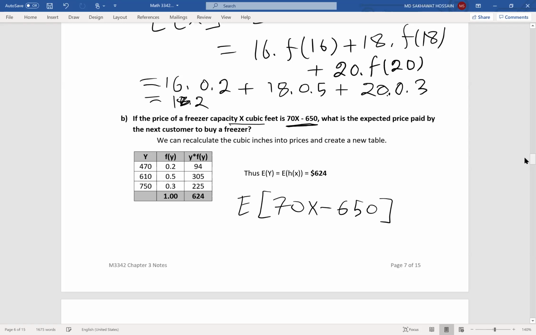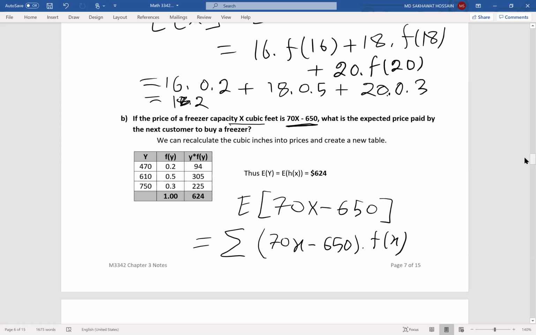Okay. There are two ways to find the expected value of a function of x. One way is to take the function of x times the PMF of x.